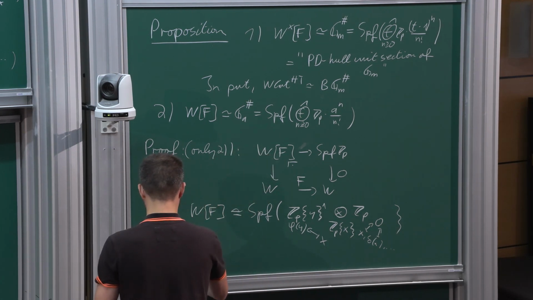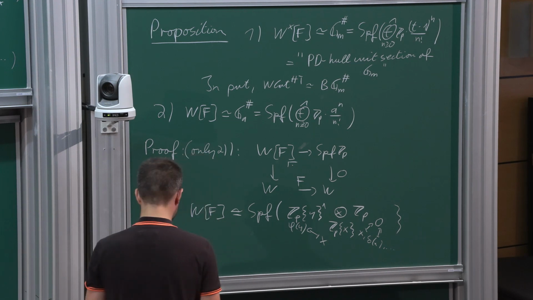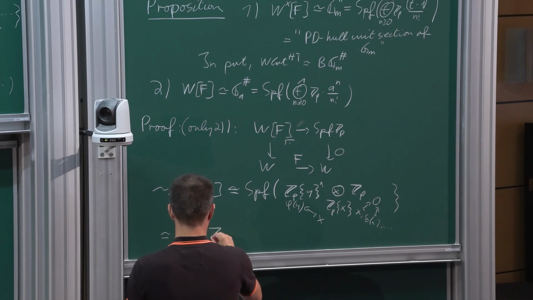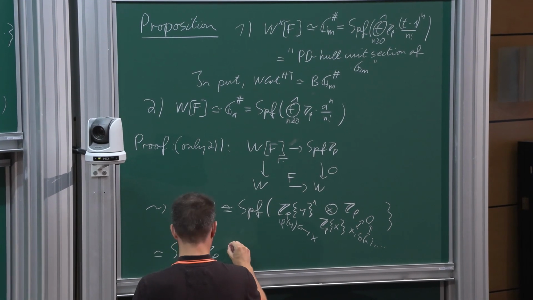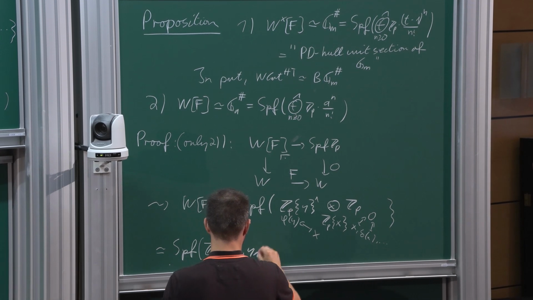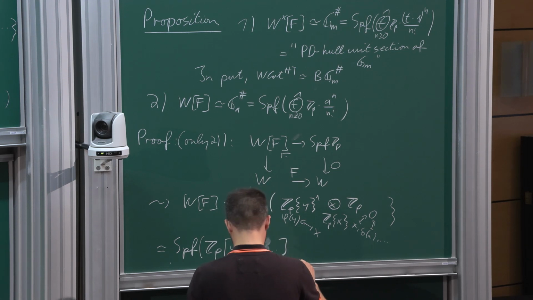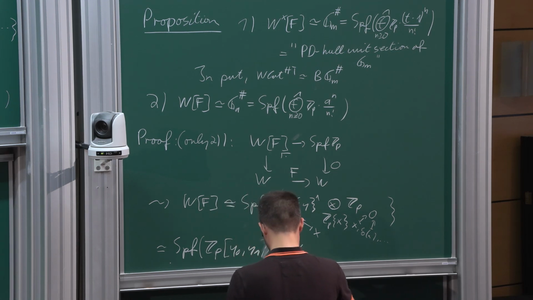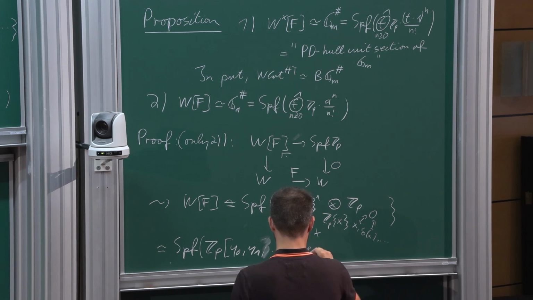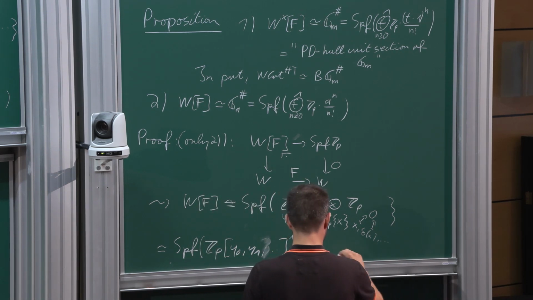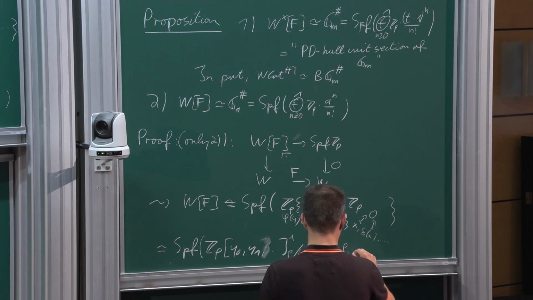And so this implies that this is isomorphic to the Spf of the following ring, namely we take Y0, Y1, and so on, p-complete of course, and we have to mod out Y0 to the p plus p Y1, and then Y1 to the p plus p times Y2, and so on.